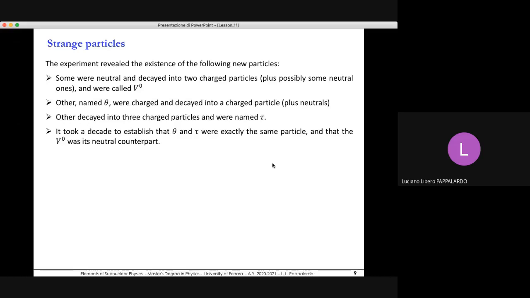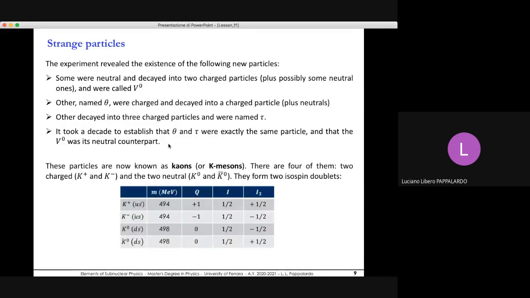Now, it took a decade to establish that the theta and the tau actually were exactly the same particle, and that the V0 was just the neutral counterpart. Today we know everything about these objects. We call them kaons or K-mesons, and there are 4 of them in the ground state. 2 are electrically charged, K plus and K minus, and 2 are neutral, the K0 and the K0 bar.